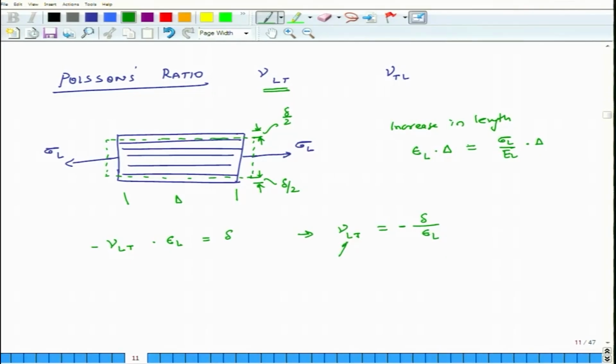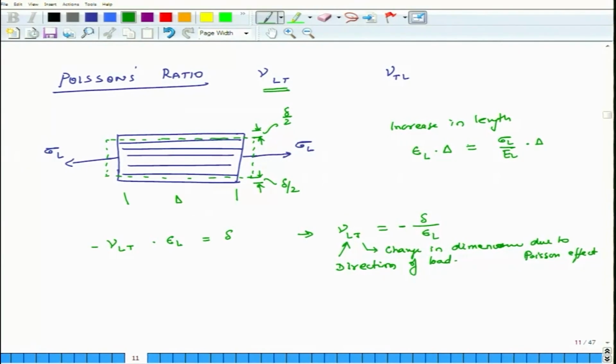The first index is the direction of loading, and the second index is the change in dimension due to the Poisson effect. Thickness.